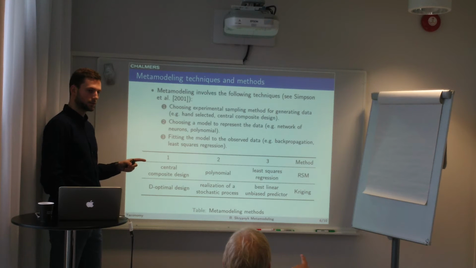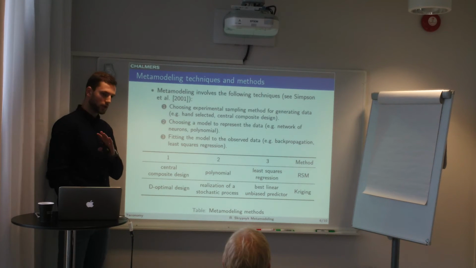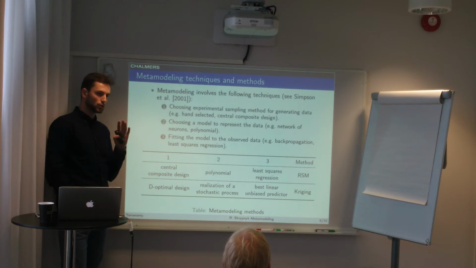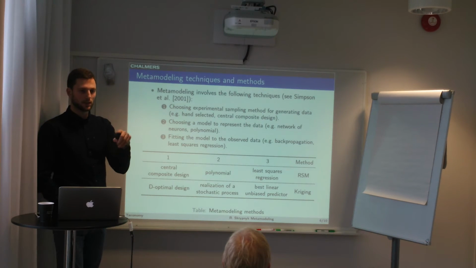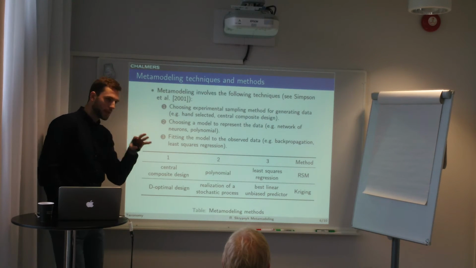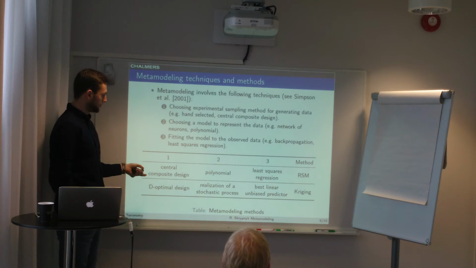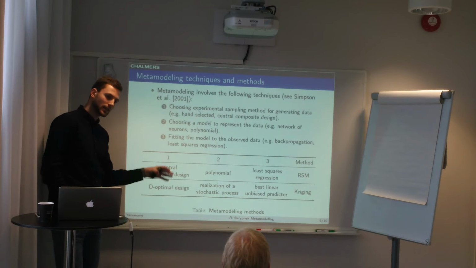But can we choose CCD and realization of stochastic and least square regression? For now, you can think yes. All you need to know is that we pick something in the first step, something else in the second step, and then in the third step, and that yields one method. If we have a different choice in the first, second and third step, it will be yet again something different.